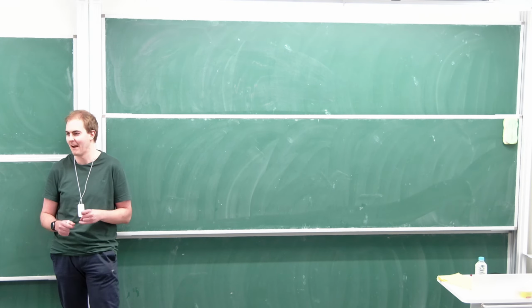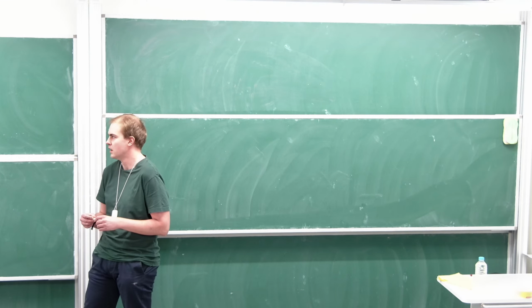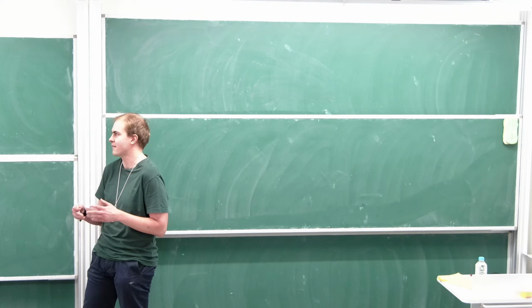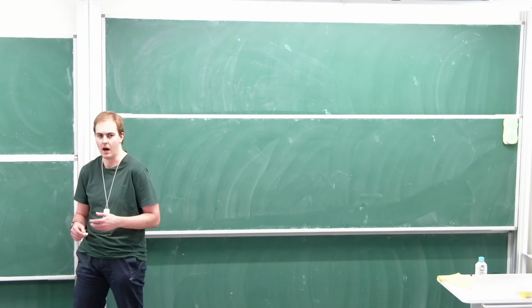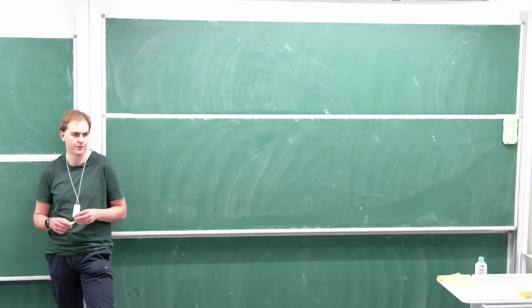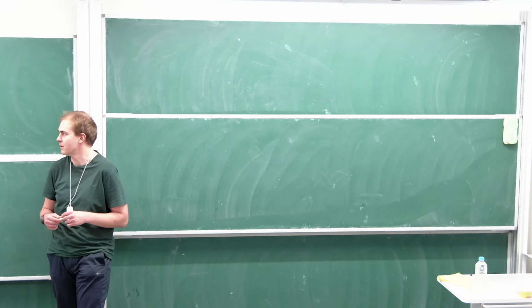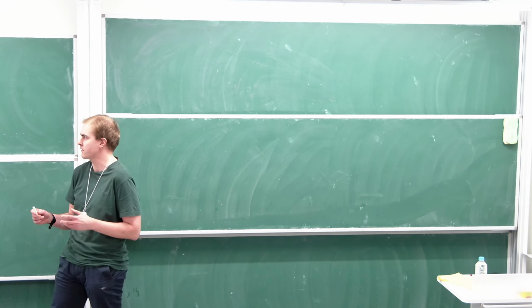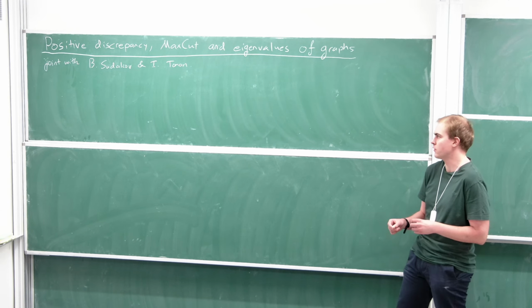It is related to the very specific concept of graph discrepancy, but the ideas behind them are of a similar nature. What I'm going to be mostly talking about is positive discrepancy, which is slightly different from the usual one.